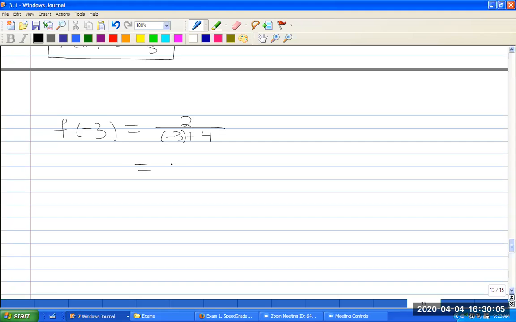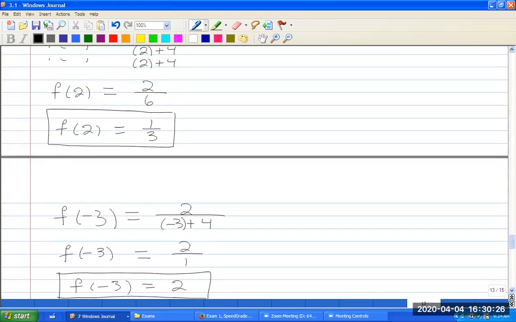Negative 3 plus 4 is 1. 2 divided by 1 is just 2. So f at negative 3 is 2.